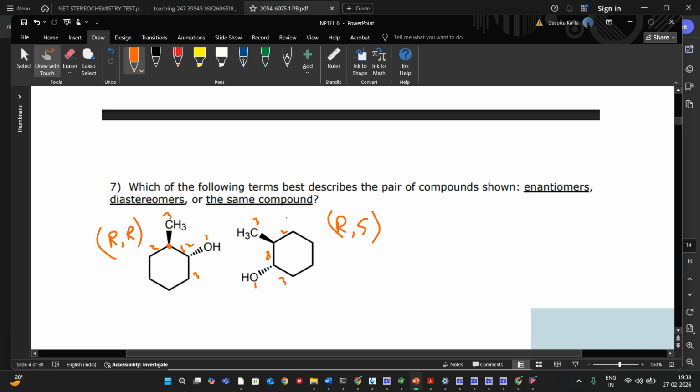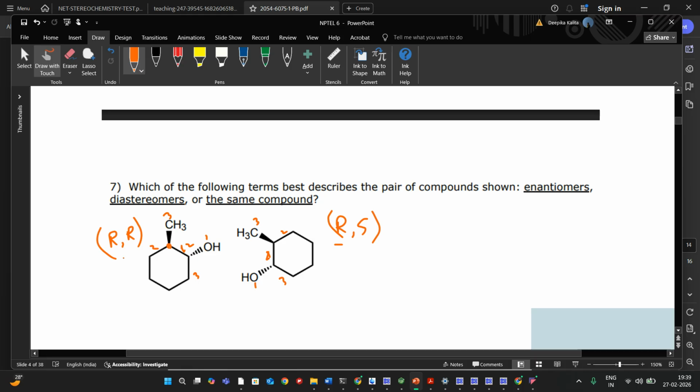Okay, so as you can see, the first compound has a pair of stereocenters RR, and the second has a pair RS. If RR is the opposite of RS, these two will be a pair of diastereomers.